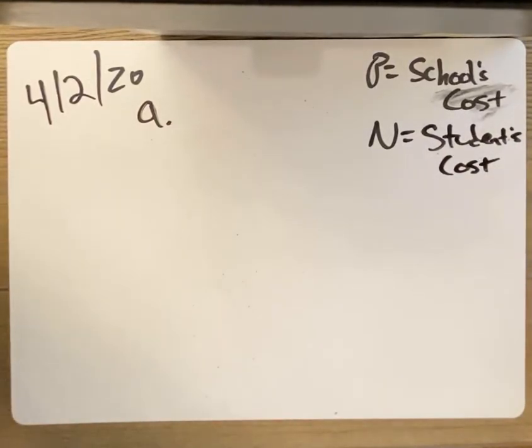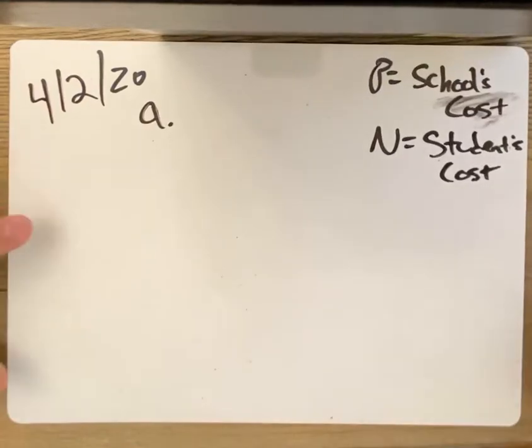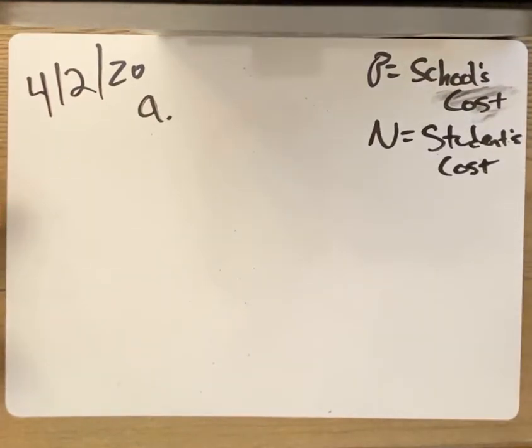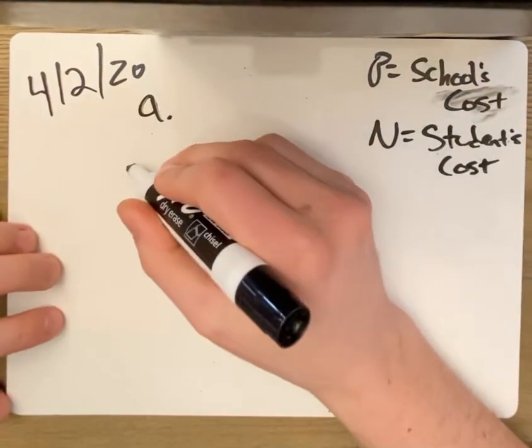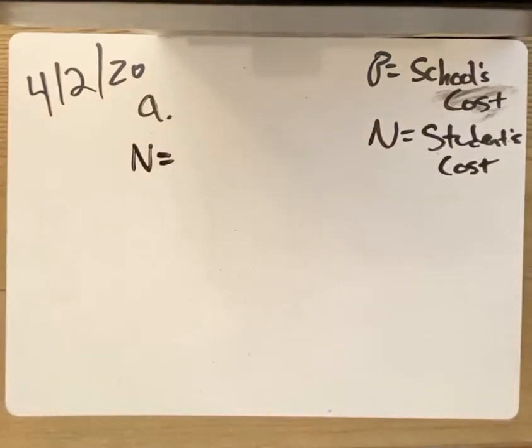We want to know how much the student pays, the amount the student must pay for the lost book. So we're basically looking for N. We know that N must equal something.